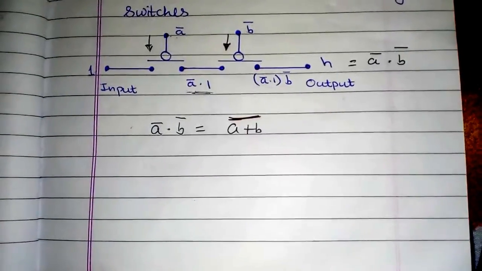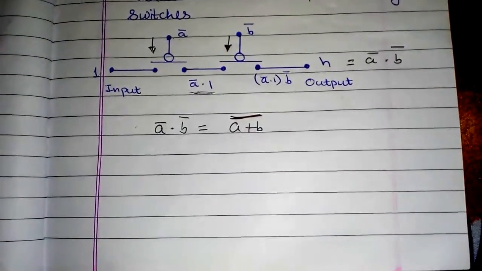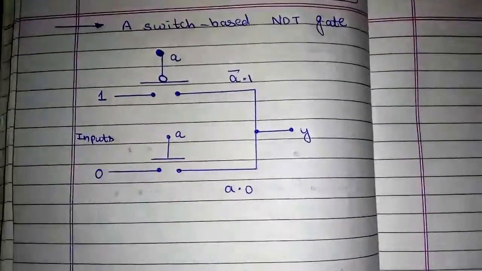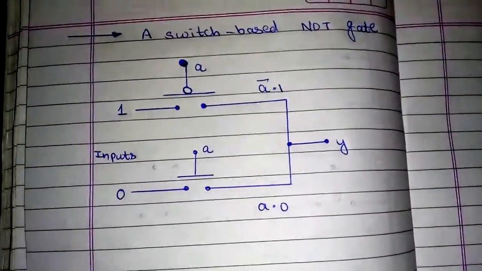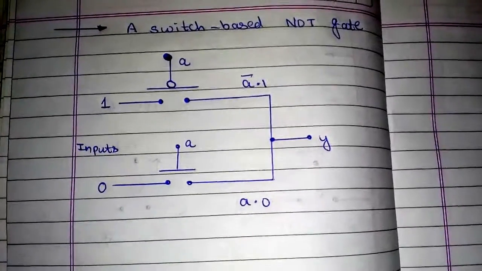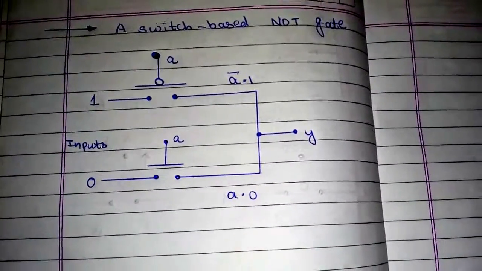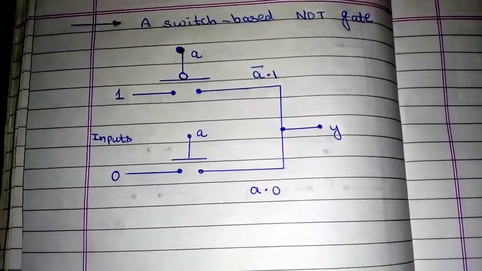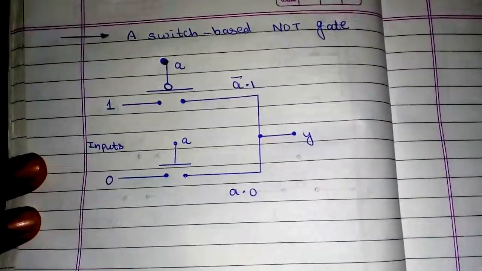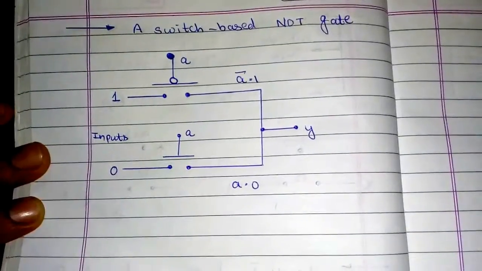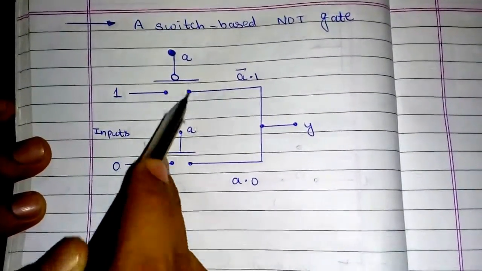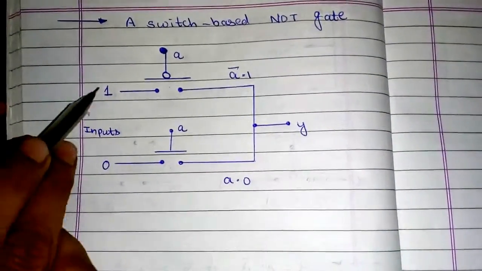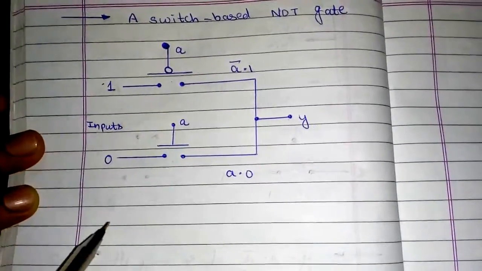Now what if I use both types of switches, that is assert high and assert low, in one single circuit? By using assert high and assert low in a single circuit, I will have a NOT gate. So this is an assert low switch, this is an assert high switch, and we are using two inputs, 1 and 0.